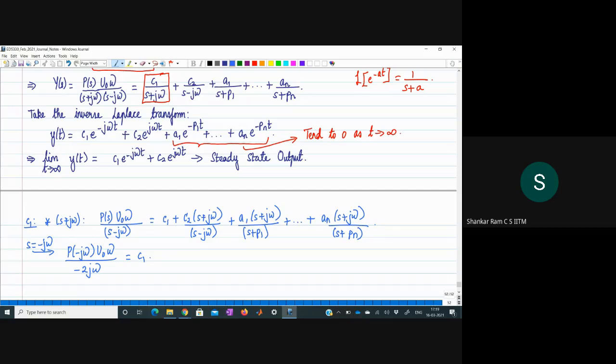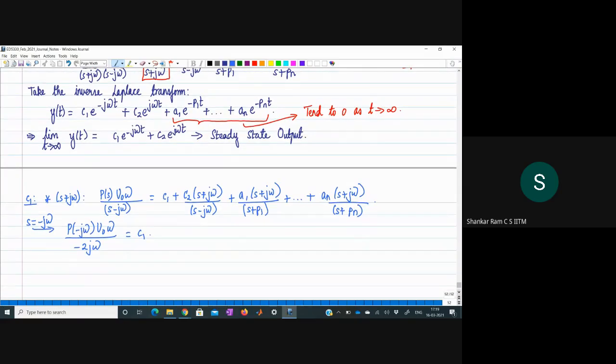Please note that we want to find out the residue C1. In order to find the residue C1, we just multiply both sides by s plus j omega and substitute s equals minus j omega. Now, I'm just taking a slight detour. If you look at the complex function P of j omega, it is going to be a complex valued function, right?